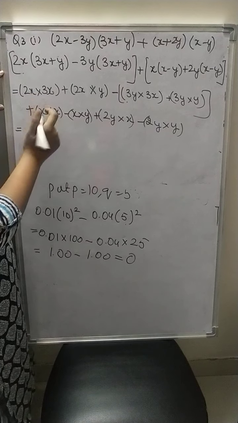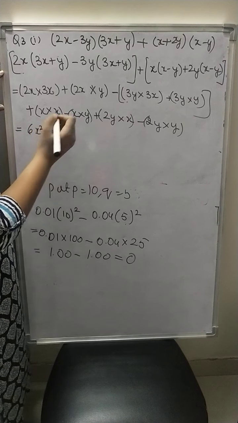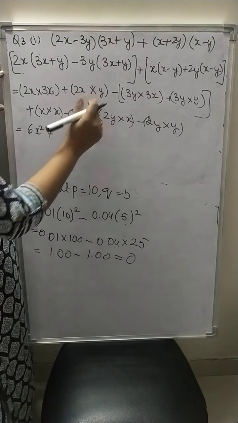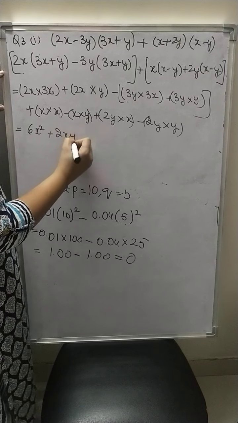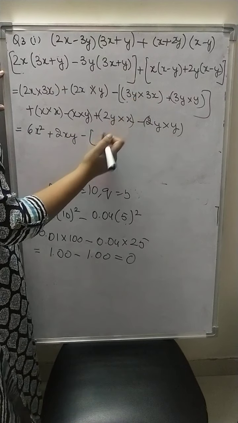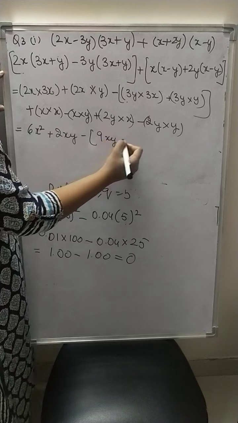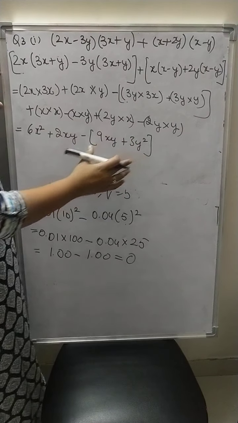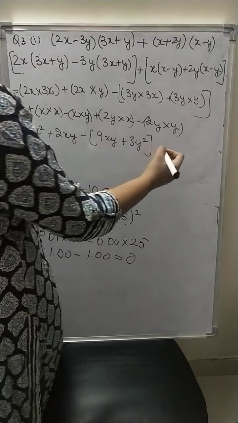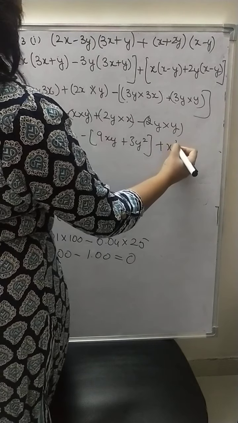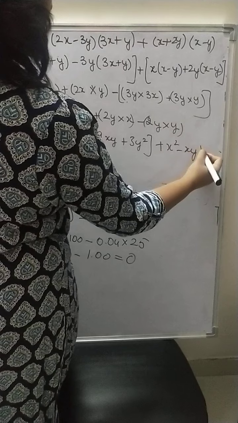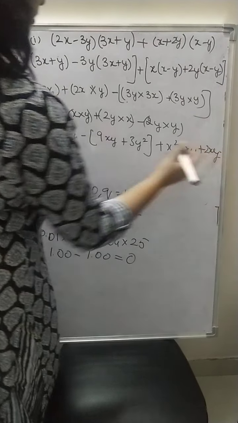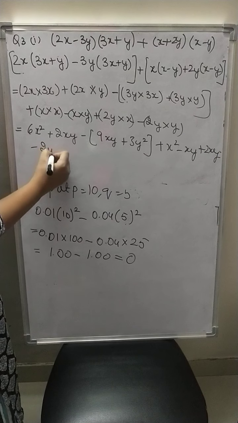So that is 2 3s are 6x square plus 2xy minus (9xy + 3y square). Always use a bracket when there is a negative sign outside. So plus x square minus xy plus 2xy minus 2y square.